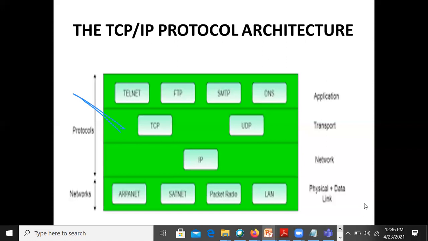Then it will be converted into signals, and those signals will be transmitted over the physical lines. For transmitting over the physical lines, you need to perform modulation. First you convert the data into signals. Those signals are then modulated to increase the signal strength, and that is transmitted over the lines.